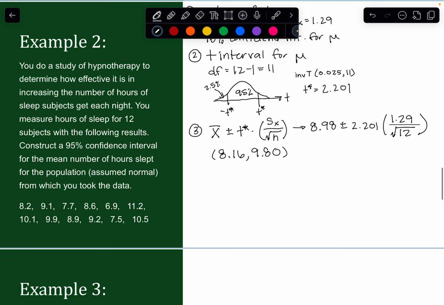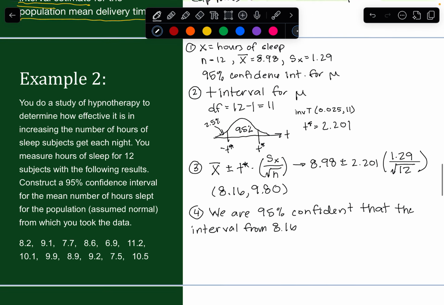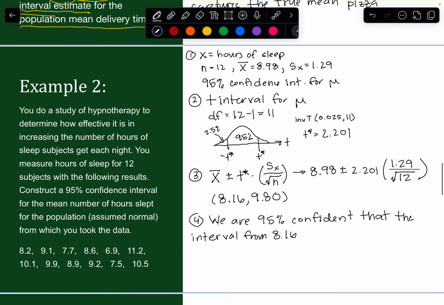Last step, we want to interpret. So we are 95% confident that the interval from 8.16, and in this case, if I scroll back up, x was measuring hours of sleep.